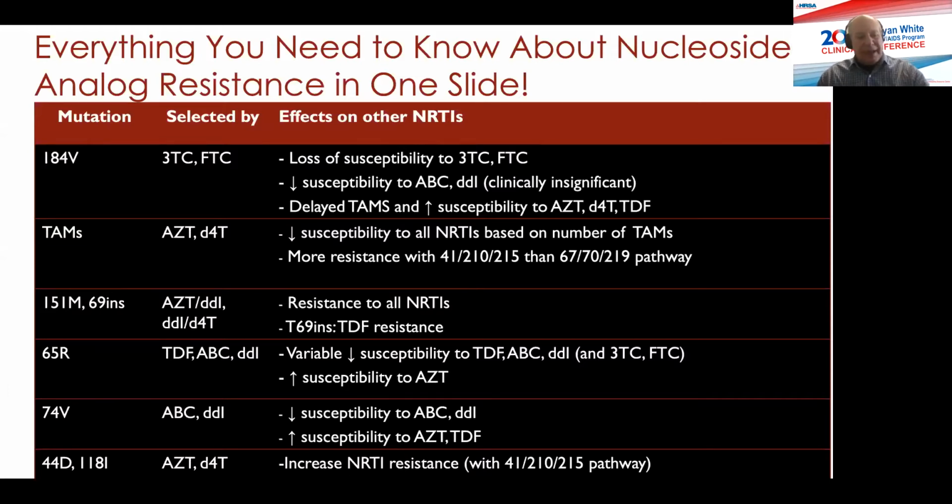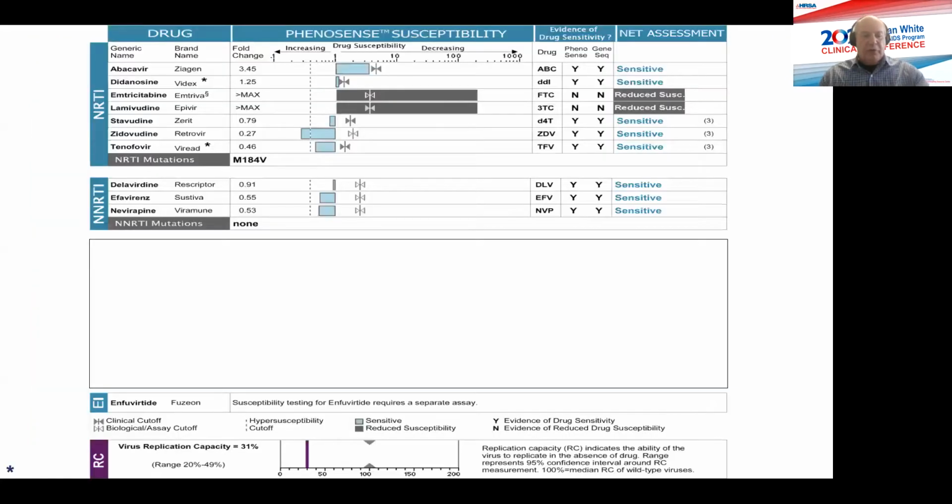There's a couple of pan-resistant nucleosides that we don't see anymore because that was mostly an AZT, DDI, D4T sort of issue. We don't really see these 69 insertions anymore. K65R, we're going to talk about a little bit more in just a minute. There's a few other rare mutations, but we don't really use AZT or D4T much. So these are mostly for historical purposes.